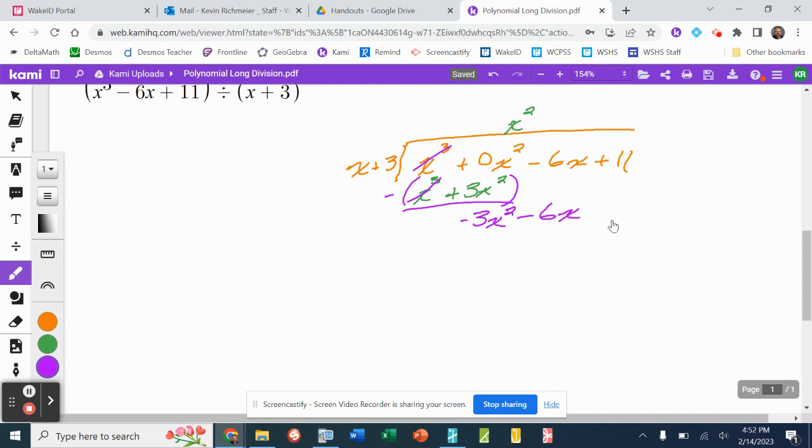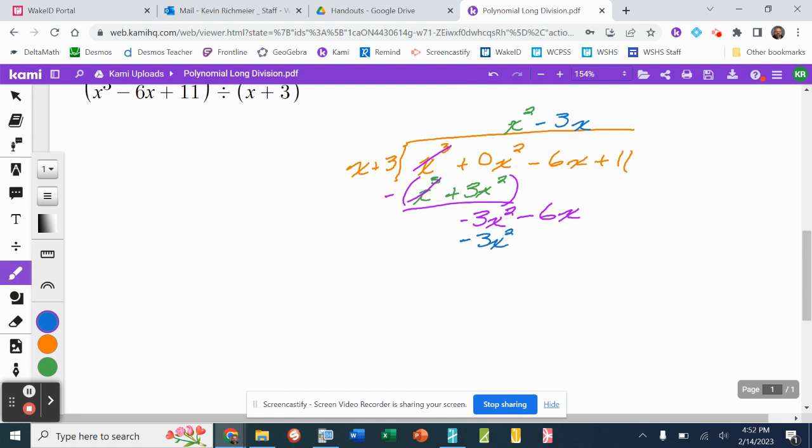Now I have to look at it and say, all right, what do I have to multiply my x here at the front of my divisor by to make it look like negative 3x squared? And so the answer to that is I need to multiply it by negative 3x. And so I'm going to take negative 3x times x. That's going to give us the negative 3x squared that we're looking for.